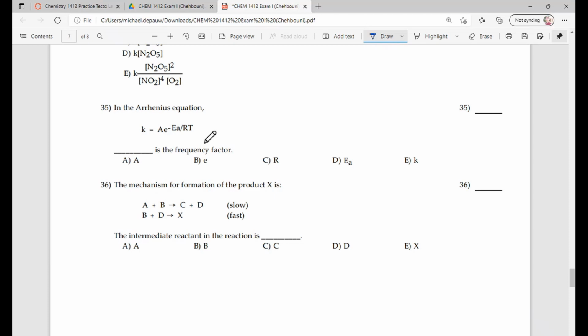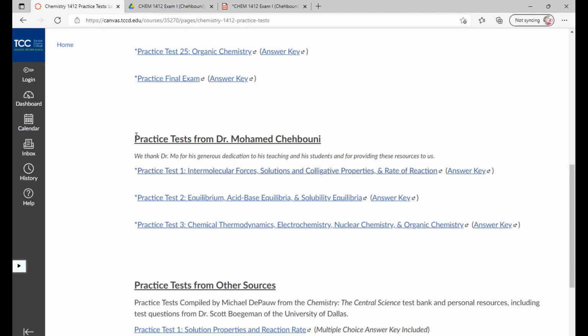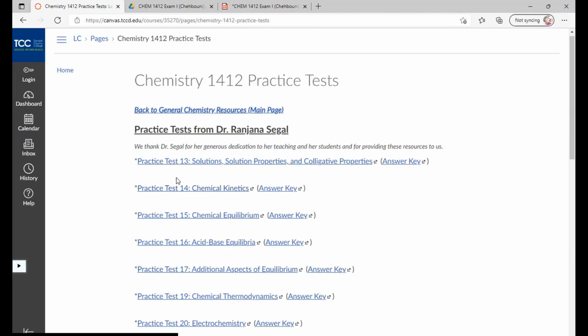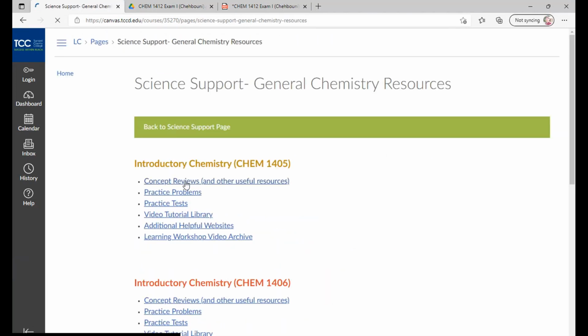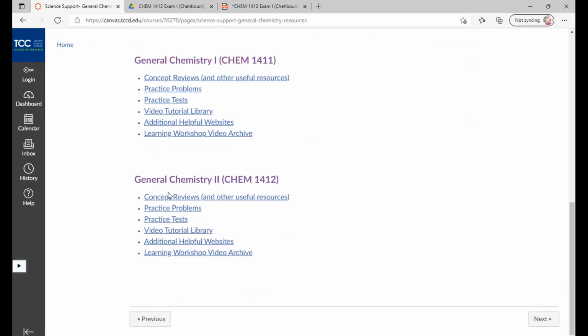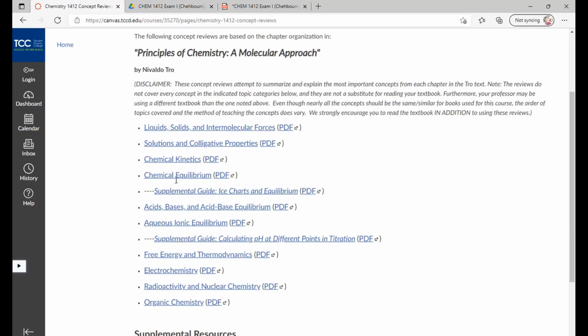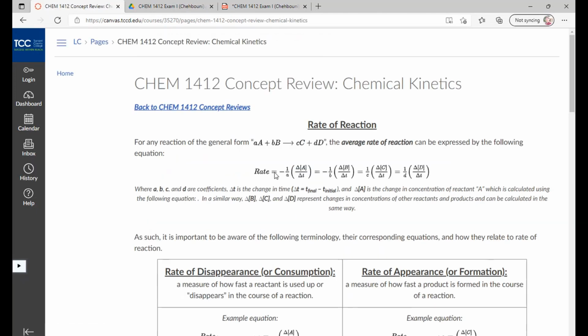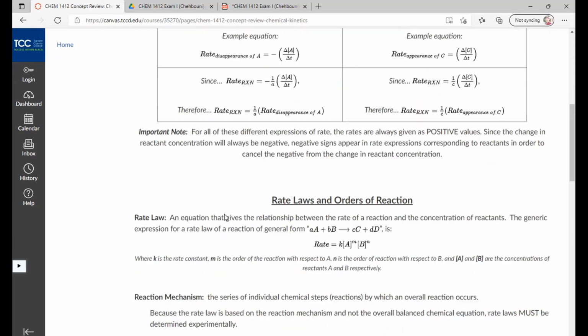By the way, this is one of the reasons why I have up on my website, or up on the Canvas Learning Commons page, if you go to Chemistry 1412 under concept reviews, for 1412, if you click on the chapter like chemical kinetics, it actually has all of the equations and the definitions of each.